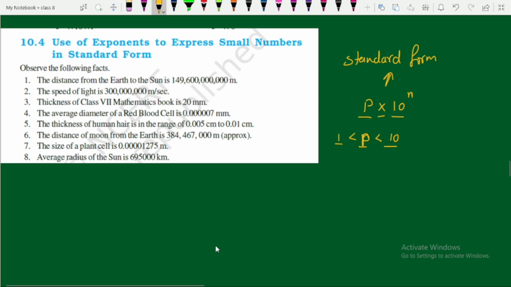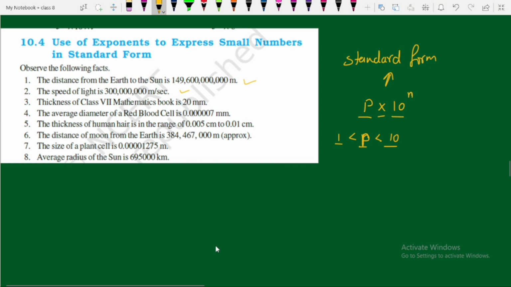Here some examples are given, which are very big numbers, and we are going to write them in standard form, and very small numbers also in standard form. For example, the fourth one: the average diameter of a red blood cell is 0.0000007 millimeter.